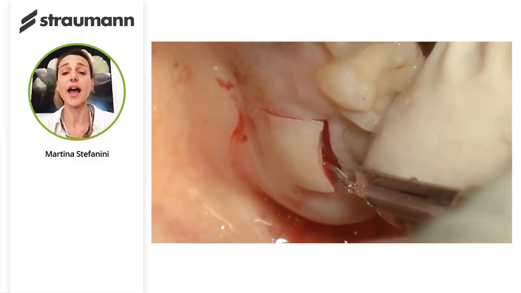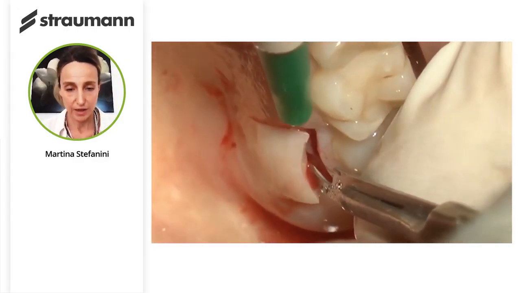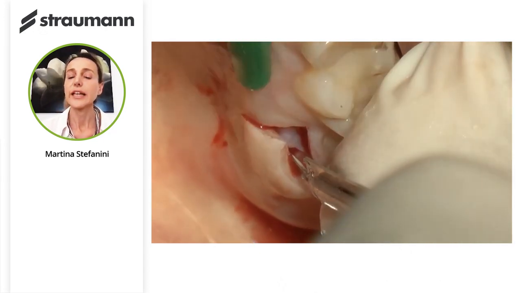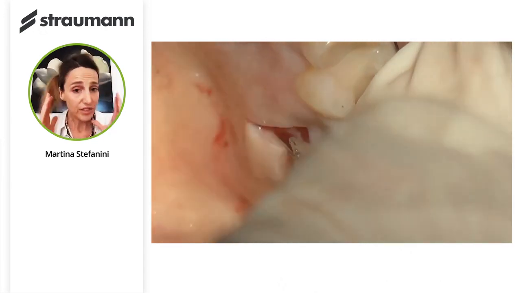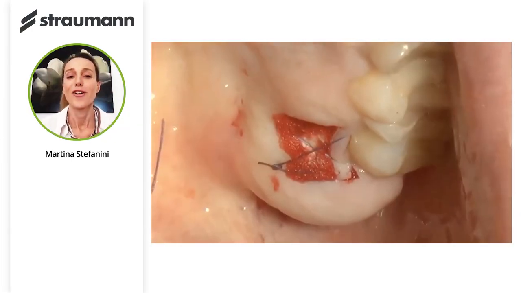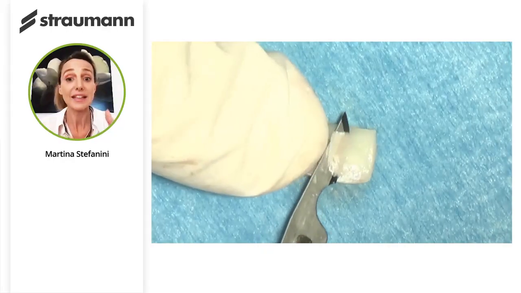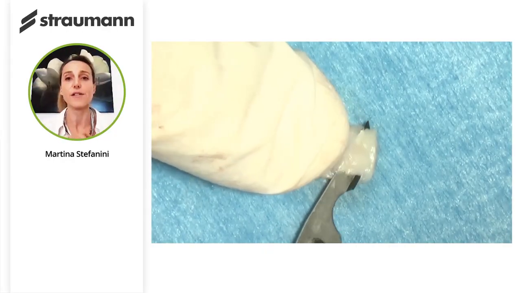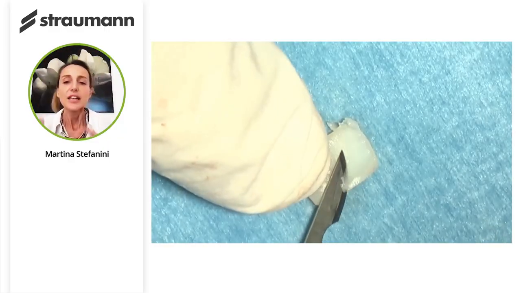And now it's time to harvest the connective tissue graft from the palate. Our harvesting technique of choice is always the free gingival graft technique, the same technique that we did 10 minutes ago for the treatment of the posterior area with the free gingival graft. But in this case, we remove the external layer of epithelium because we are performing a bilaminar technique.